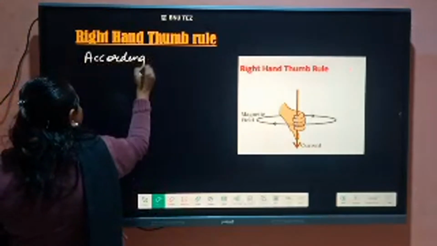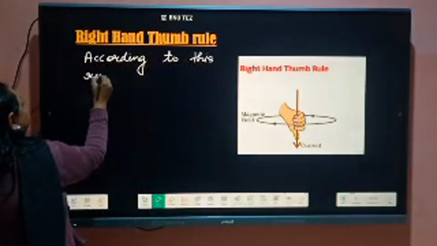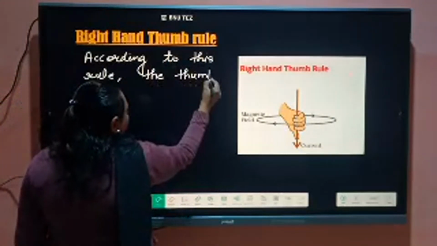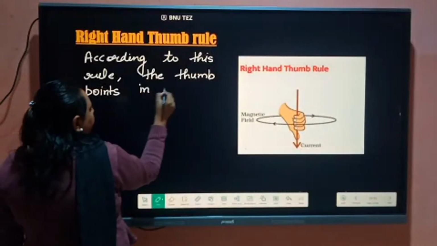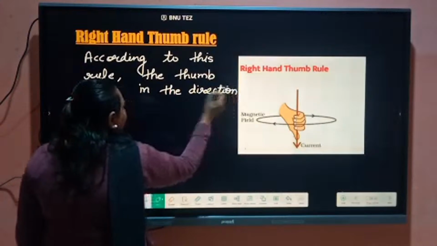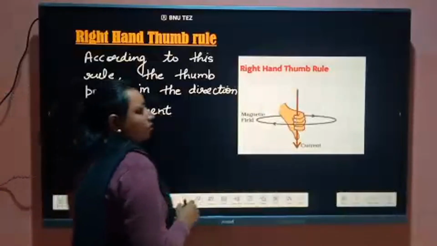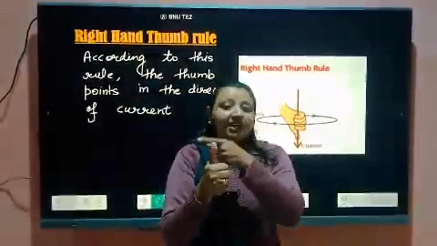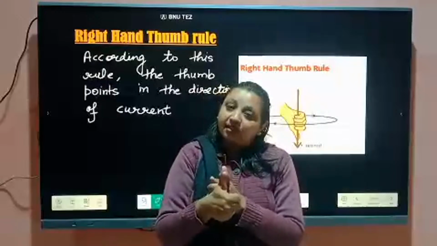According to this right hand thumb rule, the thumb points in the direction of current. ठीक है. So we hold our right hand in such a way that the thumb points along the straight current carrying conductor and the curled fingers represent the magnetic field, right?